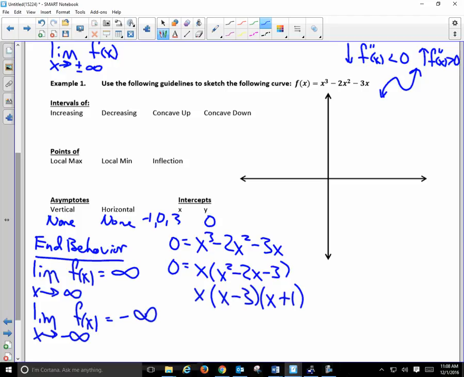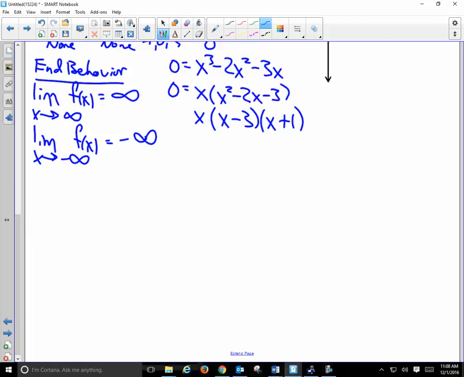Let's now do intervals of increasing and decreasing, and concavity. So what am I going to have to do to figure those out? Derivative. So f prime of x is equal to, what is the derivative? 3x squared minus 4x minus 3. Sweet. Does that factor?